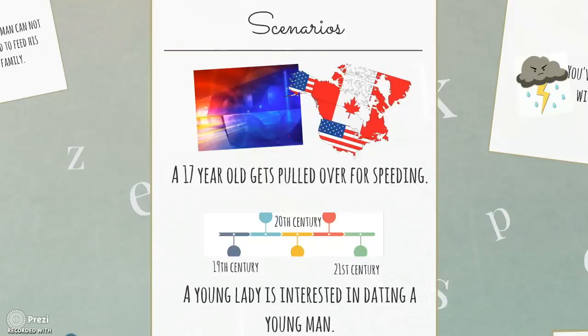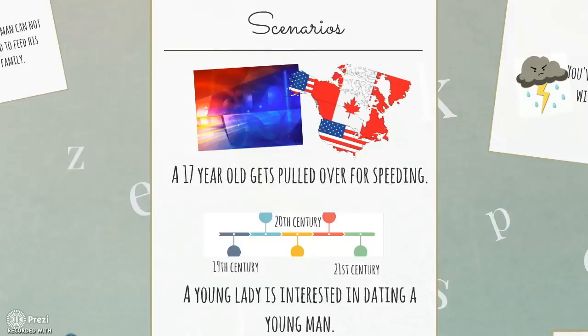Let's look at another scenario. A young lady is interested in dating a young man. The time period in which this story occurs can have great impact on what actually happens. If it's the 19th century, the young lady might not have a say in who she dates. She might be part of an arranged marriage, and therefore, she must respectfully date and marry the person that her family has picked out for her.